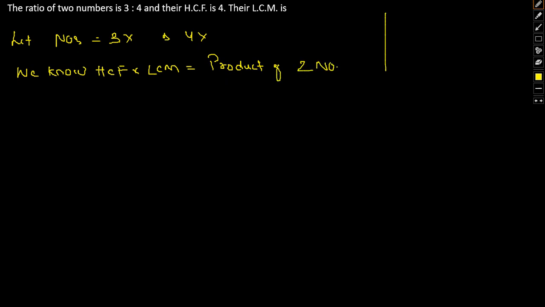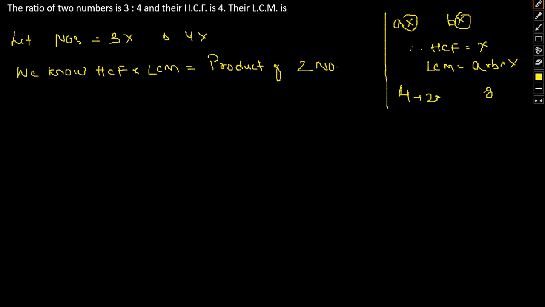Let me give you a brief concept. Suppose we have a number ax and another number bx. Since x is the common part, their HCF will be x and their LCM will be a into b into x. Let me give you an idea. Say I take the numbers 4 and 8. 4 can be written as 2 into 2, and 8 can be written as 2 into 4.